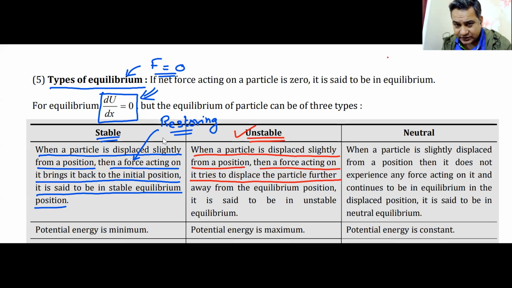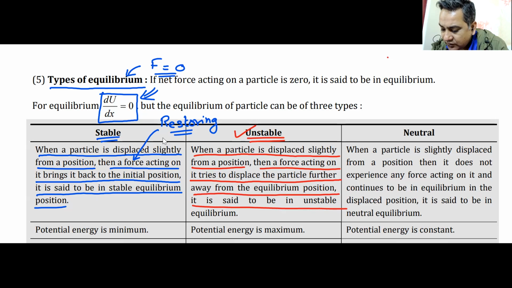So that force is not restoring force. That is a pushing away force. We don't have a name for that. But force will act, and that force will make the particle move away. This type of equilibrium is known as an unstable equilibrium. Particle is unstable. It does not want to come back to its original position. It just wants to move away, go away, go away, go away.